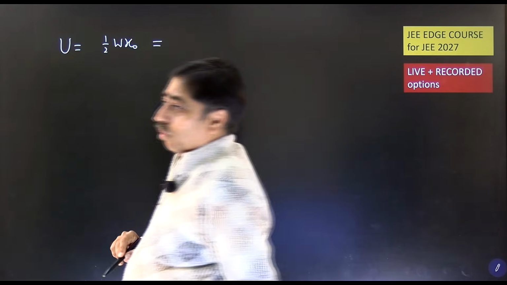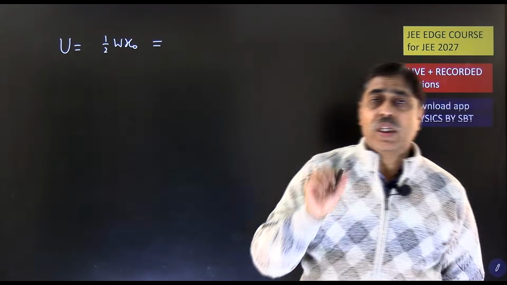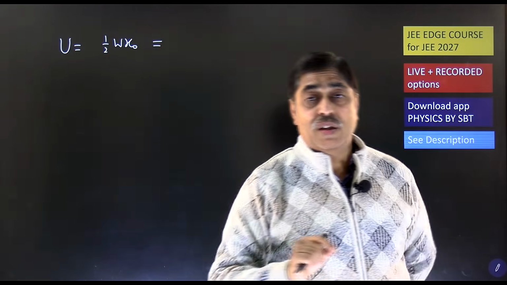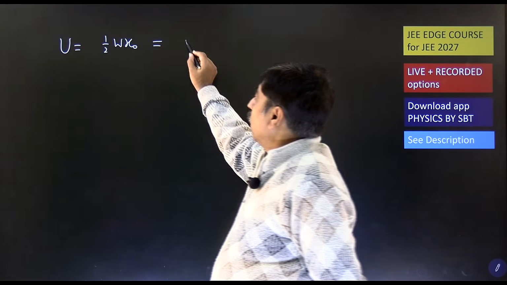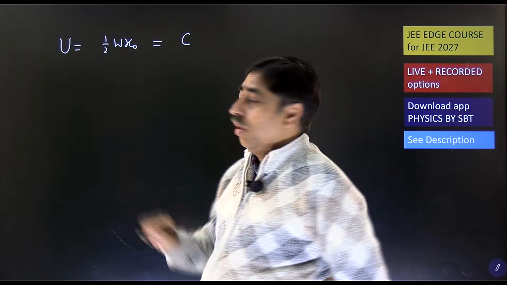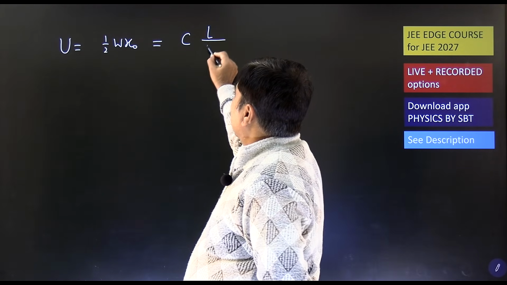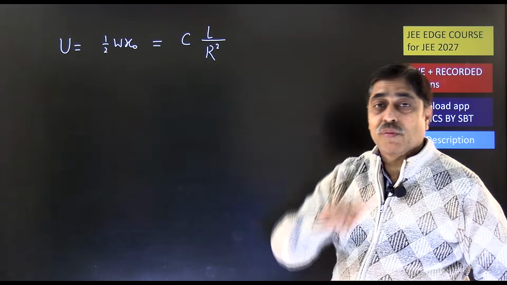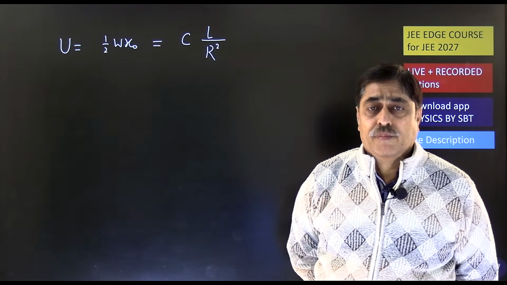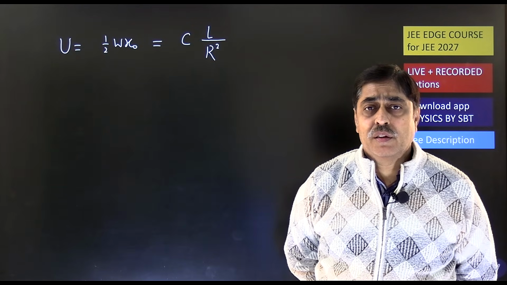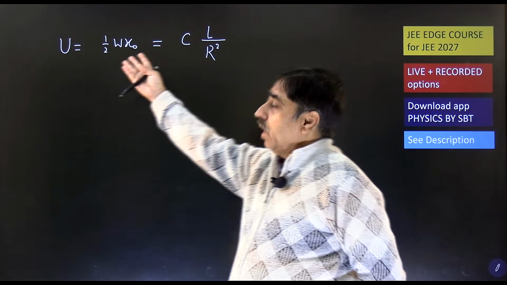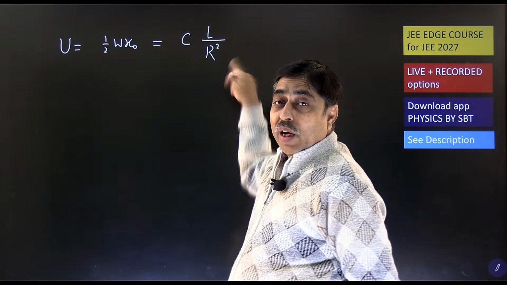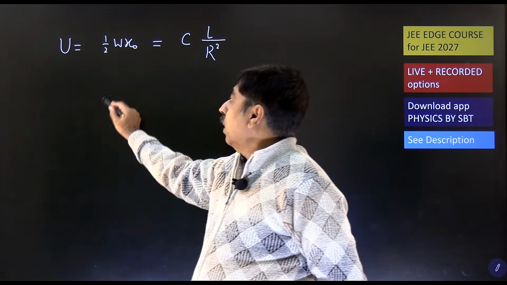Now, according to the question, this elastic potential energy stored in the rod is proportional to length of the rod and inversely proportional to square of radius of curvature of the bend. This is what the question says. So, this is the elastic potential energy and it can be written as C into L by R square. So, what is value of C?